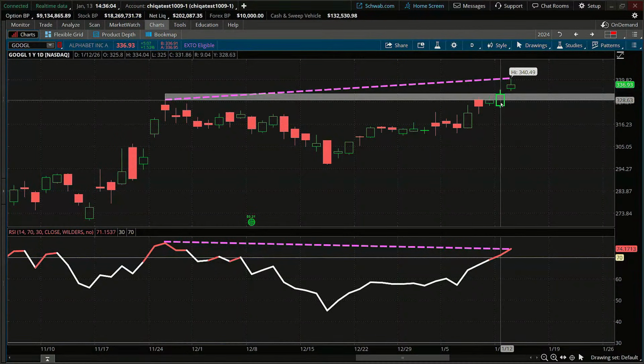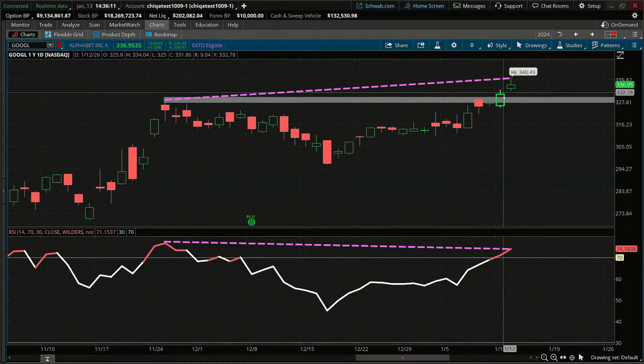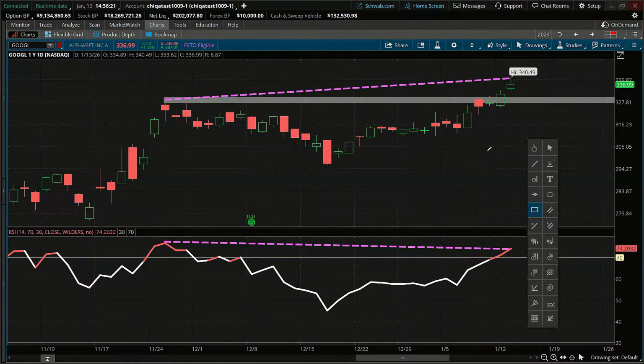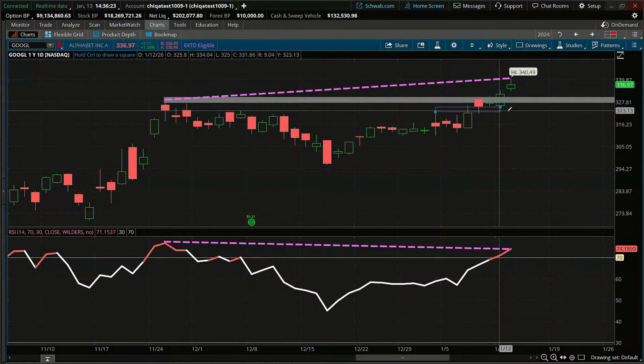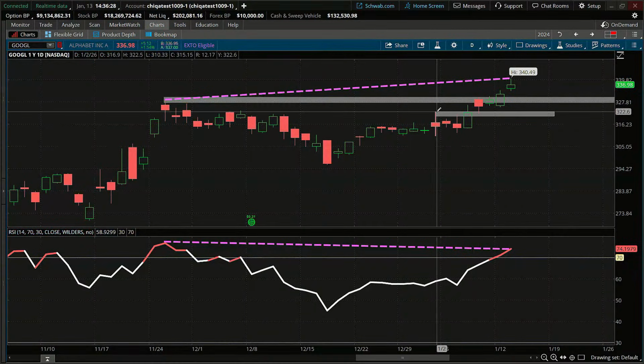And let's go back to the chart and see where we could possibly see price retrace to. Okay, so if I draw that a little bit closer, we could see price retest this area around 328 or so, which would be kind of like that top level. Another area that we may see price retest and pull back a little bit below support is this area that's been touched quite a few times as well.